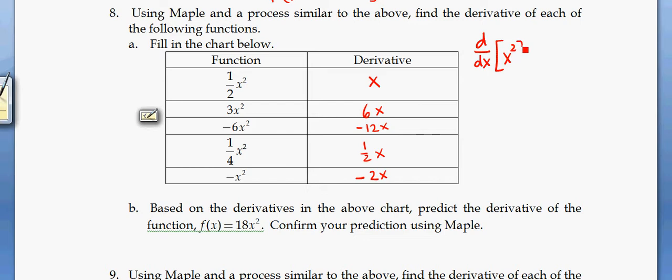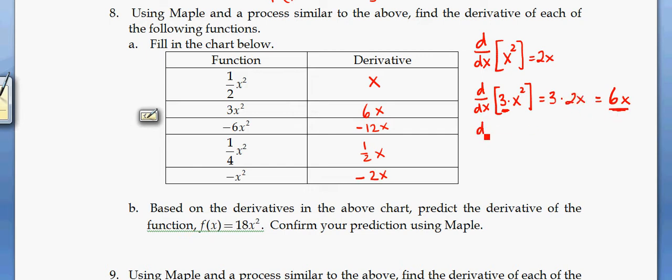Okay, so we already remembered that the derivative of x squared was 2x, and then what you're supposed to notice is if I had a coefficient in front, like let's say the 3 here, so if I'm taking the derivative of 3 times x squared, notice that I got a result of 6x, right? That's what this says. The derivative of 3x squared is 6x. So notice that that is just 3, the coefficient, times the derivative of the x squared, so 3 times 2x is 6x.